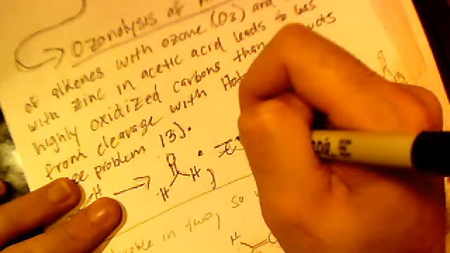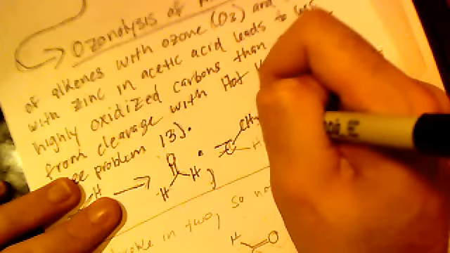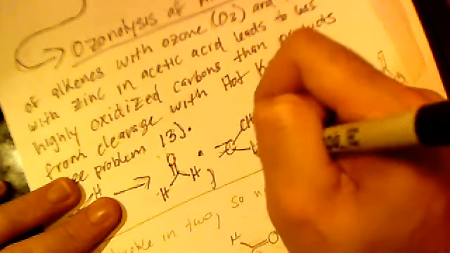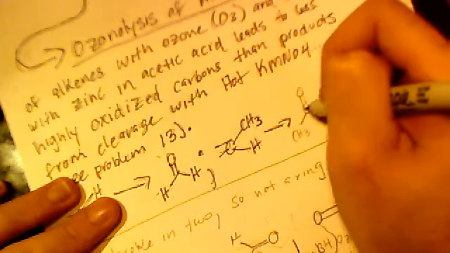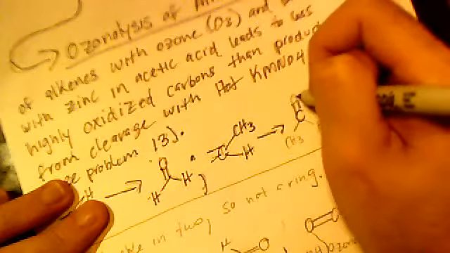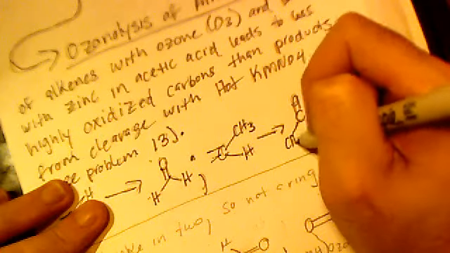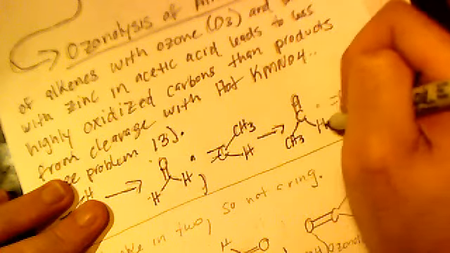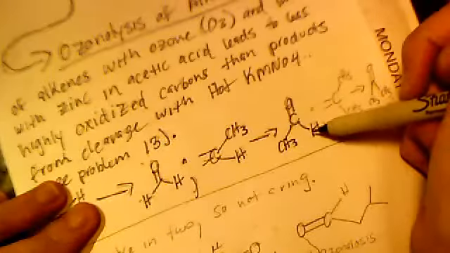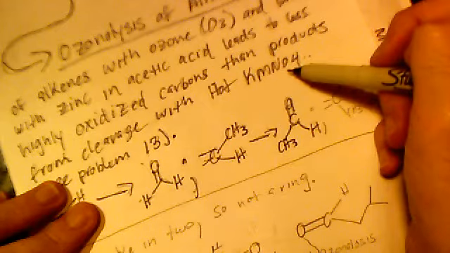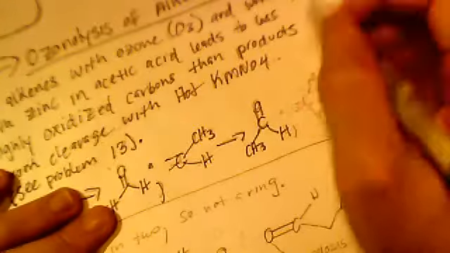Monosubstituted carbons that are only attached to one carbon and a hydrogen, they become aldehydes rather than carboxylic acids when they were worked up with potassium permanganate.